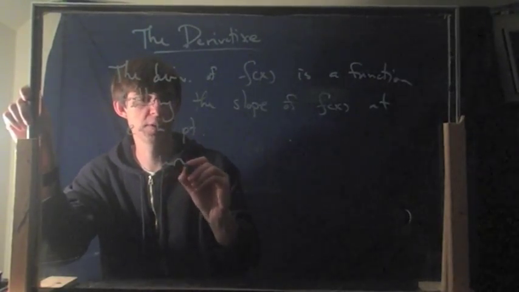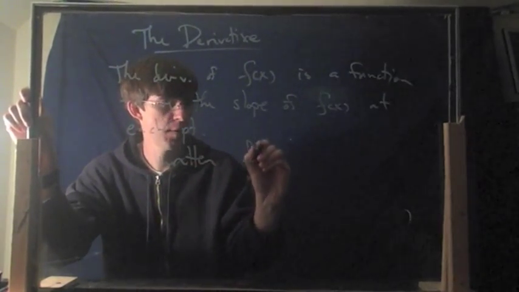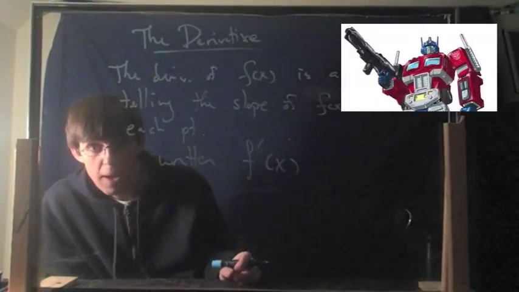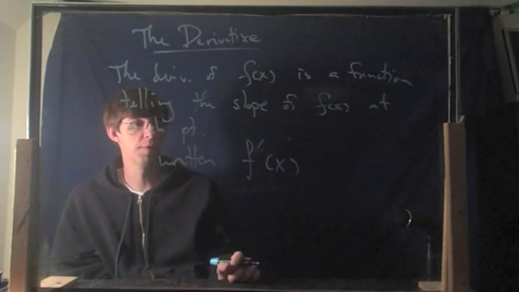It's written like this: f of x with that little apostrophe there. That's called f prime of x. That means the derivative of a function.